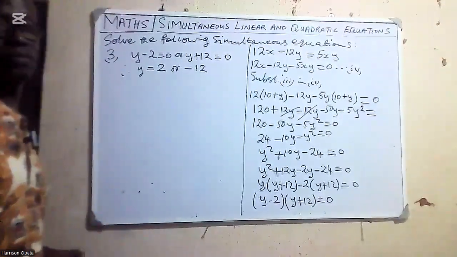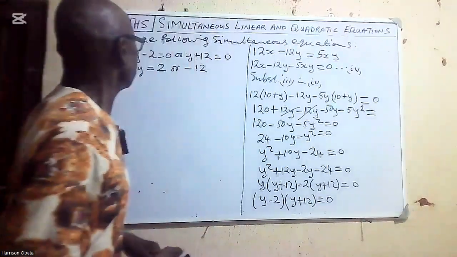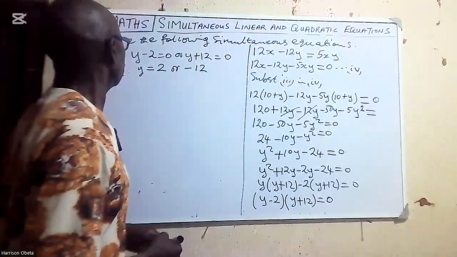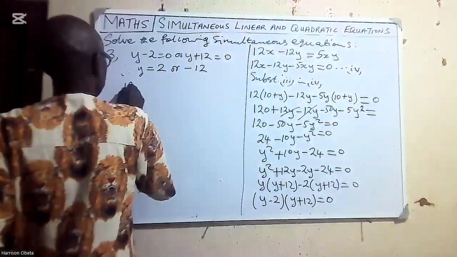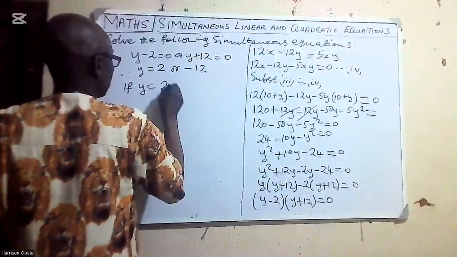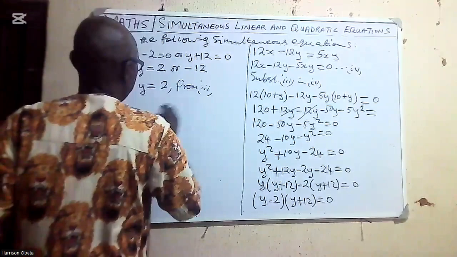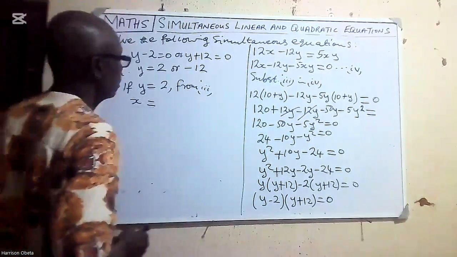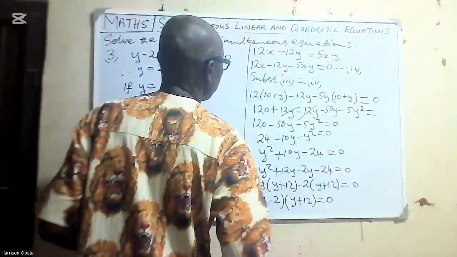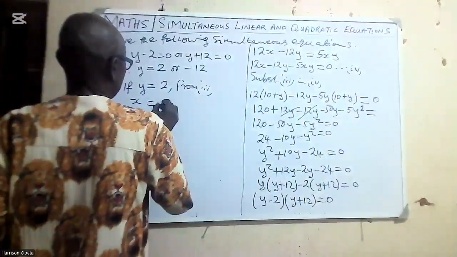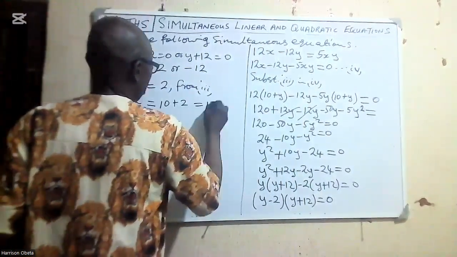So in this case now, we're going back to the substitution. So if y is equal to 2, from 3, x should be equal to 10 plus y equal to 10 plus 2, which is 12.